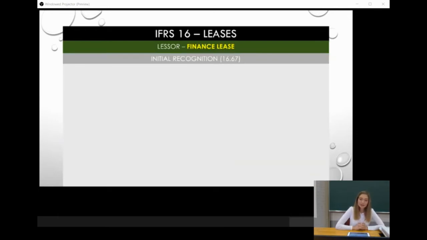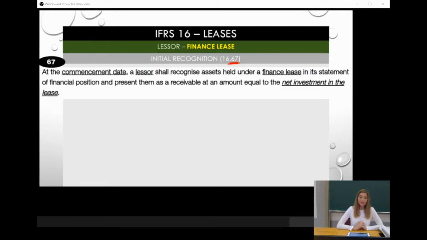Good. So initial recognition. We are now in our standards. IFRS 16 paragraph 67 tells us how to recognize a finance lease on the commencement date. Paragraph 67 says that at the commencement date, the lessor shall recognize assets held under a finance lease in its statement of financial position and present them as a receivable at an amount equal to the net investment in the lease.